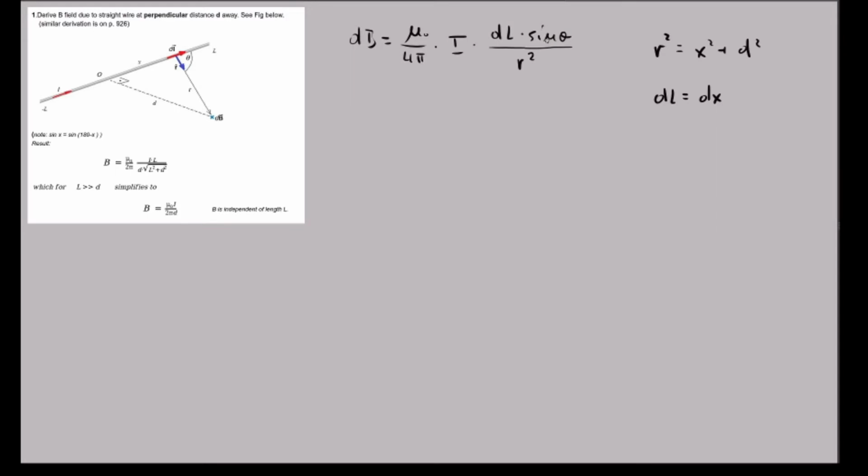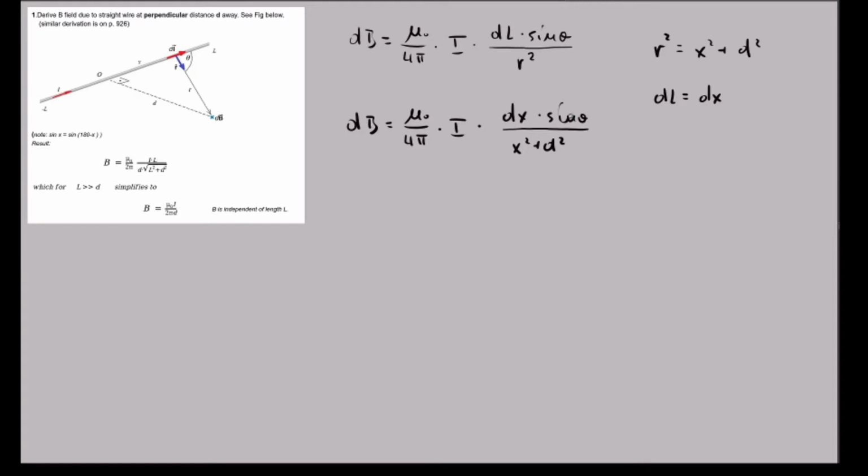Let's write what we have. dB equals mu naught over 4 pi times I times dx instead of dl, times the sine of the angle theta, divided by r squared, which is x squared plus d squared.